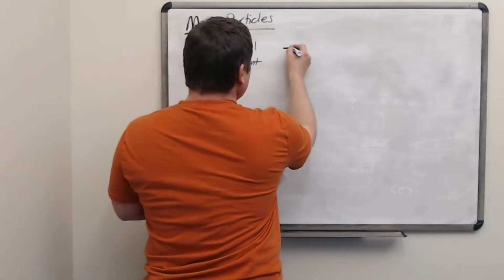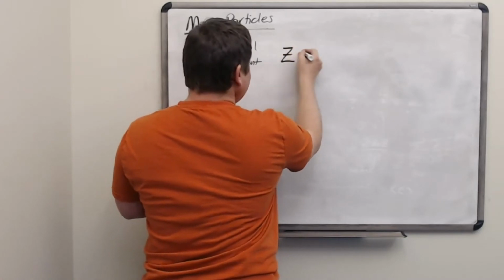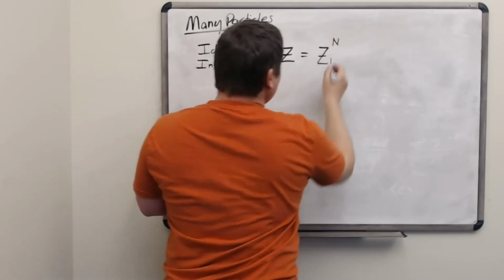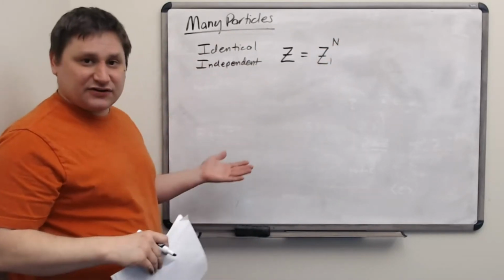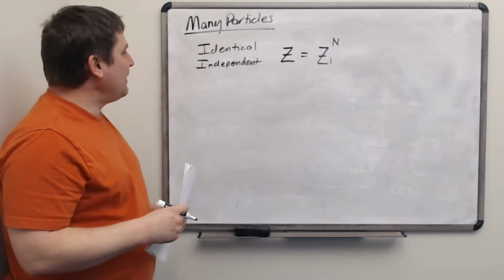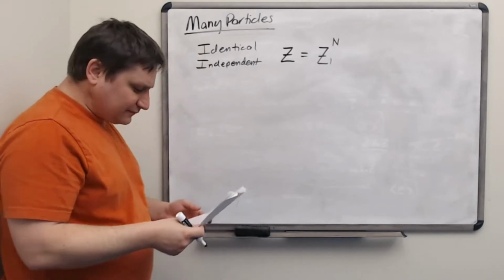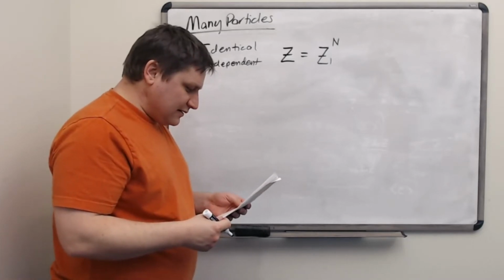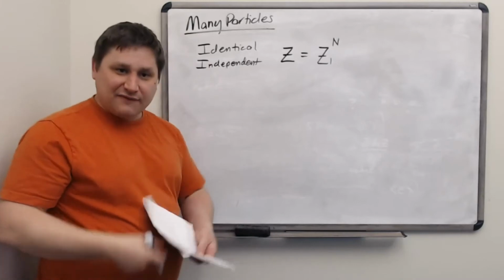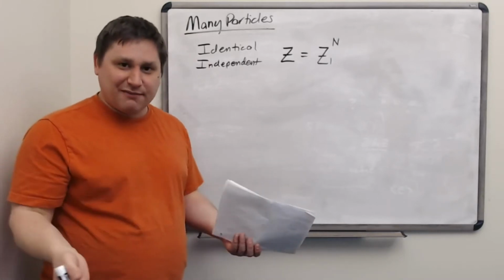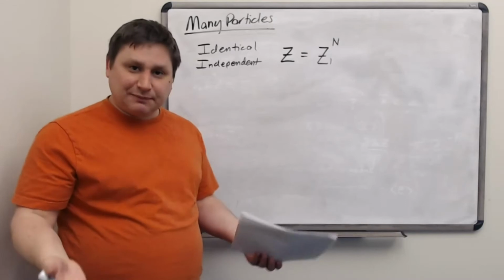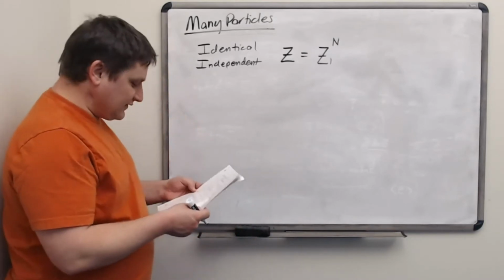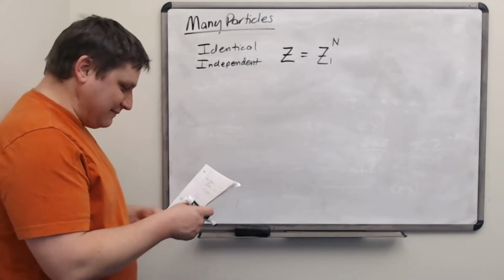Well, in that case, we know from the rules of statistics that our partition function would just be the product of the partition function for each molecule. We know from statistics that if you have two independent things and you want to find the probability of both of them happening, you multiply the probabilities from each one happening. So for the partition function, we also multiply that N times.